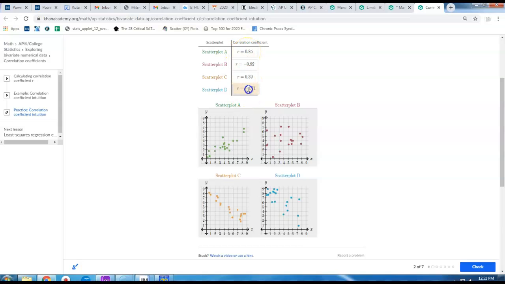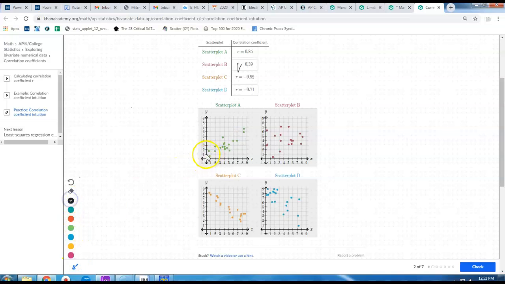Scatterplot D is going to be this one. Scatterplot B is positive but pretty weak. And then scatterplot A is positive and strong. So it would look like this. Again, the closer to 1 or negative 1 you get, the stronger it is, meaning the closer and tightly packed. So that is tightly packed, that is tightly packed. These are a little more spread out. You get the pattern, but you're spread out. So that's why it's closer to 0.